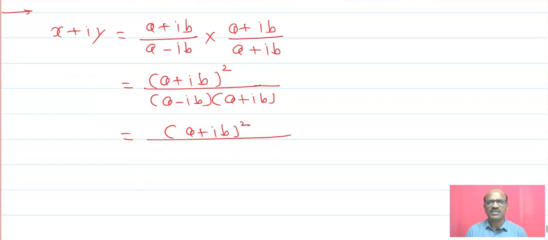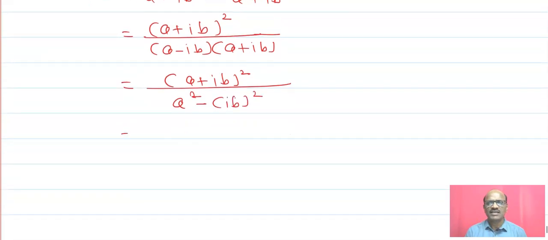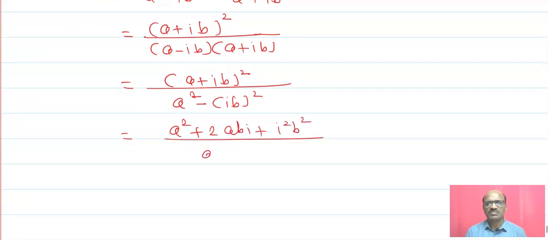Therefore, a plus ib bracket square upon a square. I am making some mistake here. Now I will erase it. That is a square minus i square b square. And a plus ib bracket square is a square plus 2abi plus i square b square.